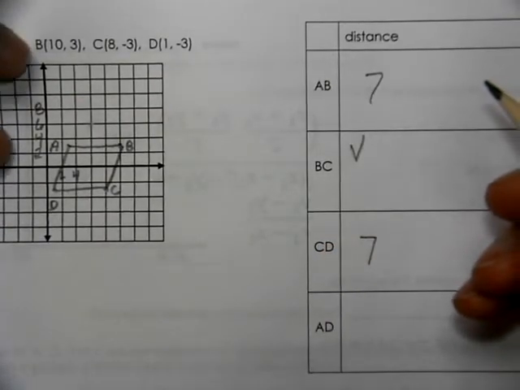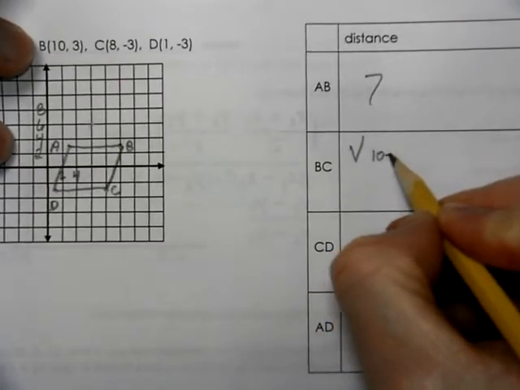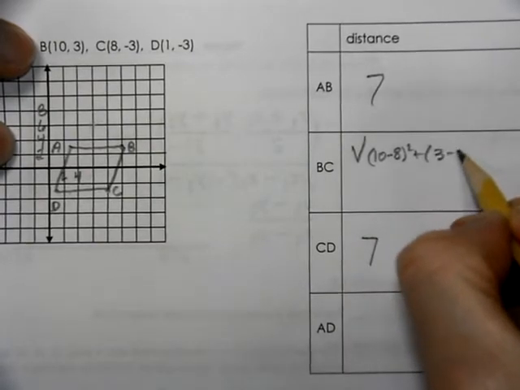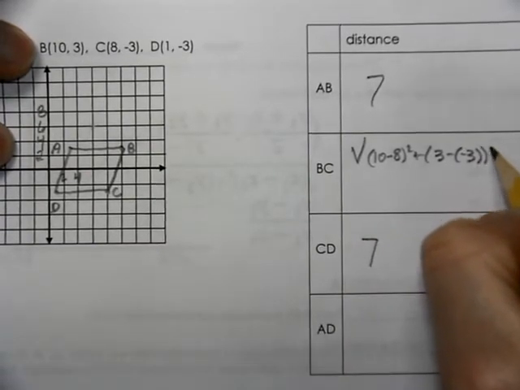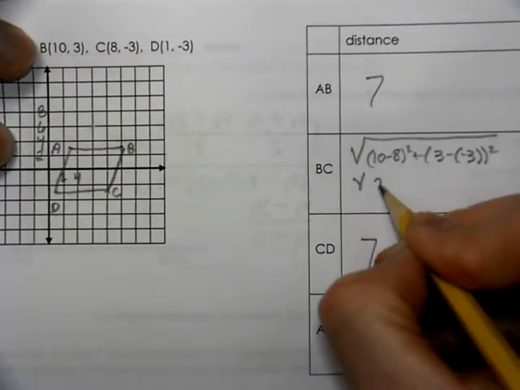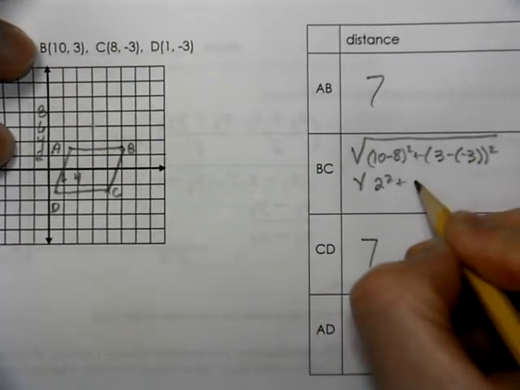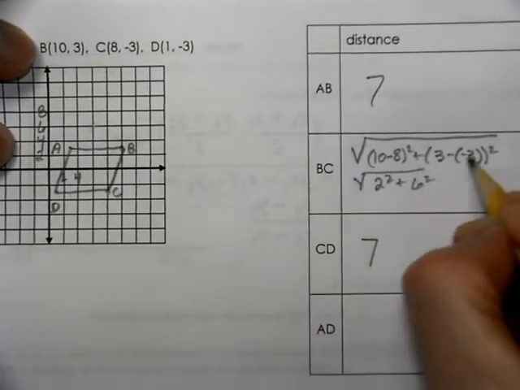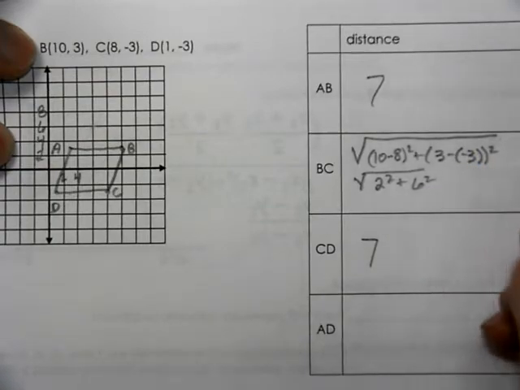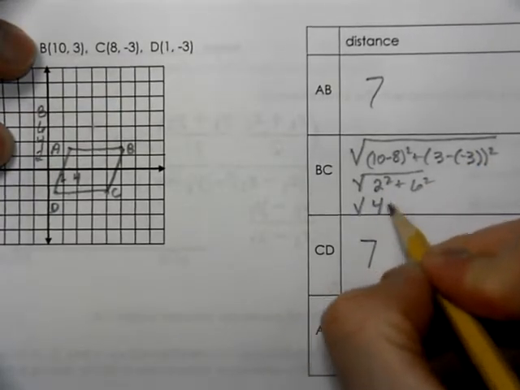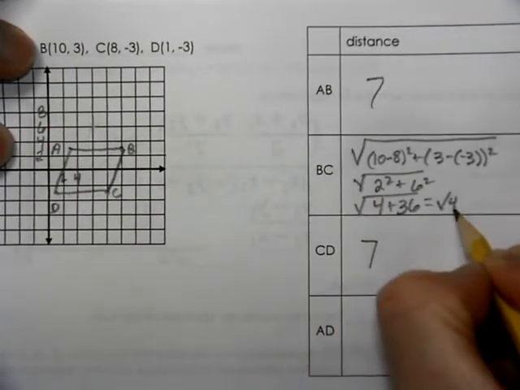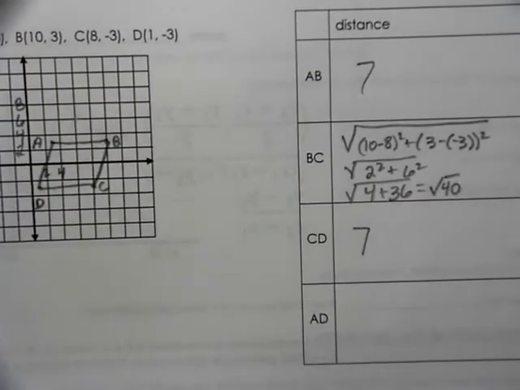So we'll calculate BC. 10 minus 8 squared plus 3 minus a negative 3 squared. 2 squared plus 6 squared, because minus a negative makes a positive. 3 plus 3 makes 6. 4 plus 36 leaves you with the square root of 40.